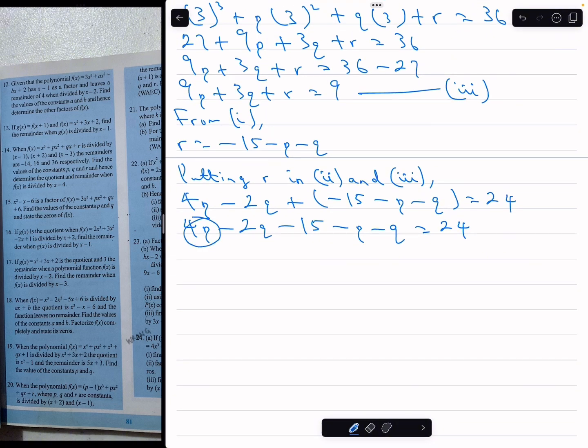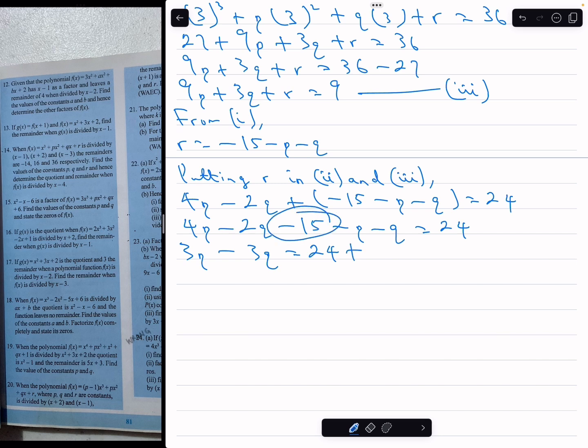And that means 4p minus p, that's 3p, minus 2q minus q, that's minus 3q, equals 24.